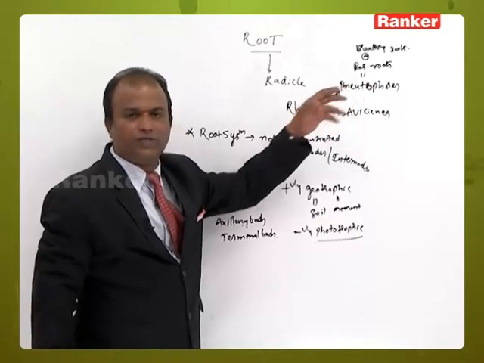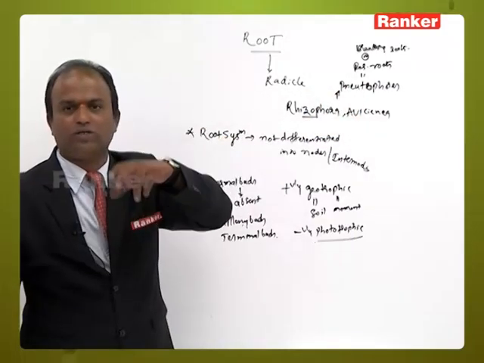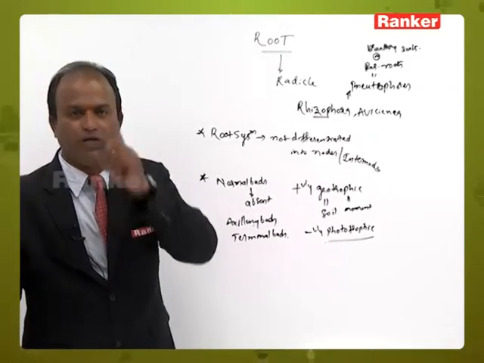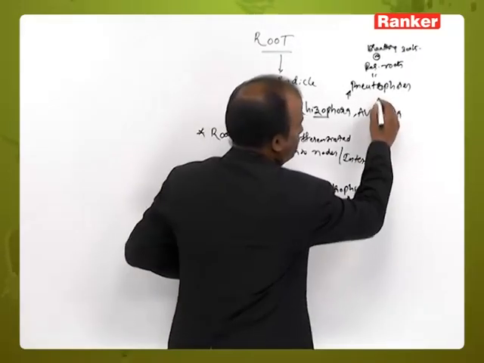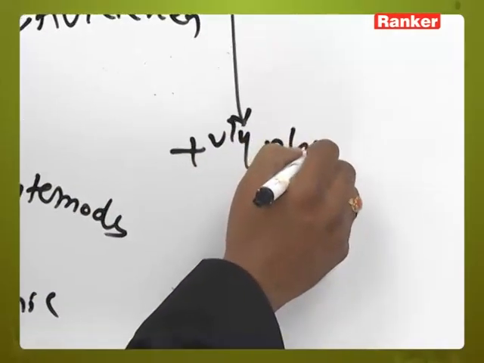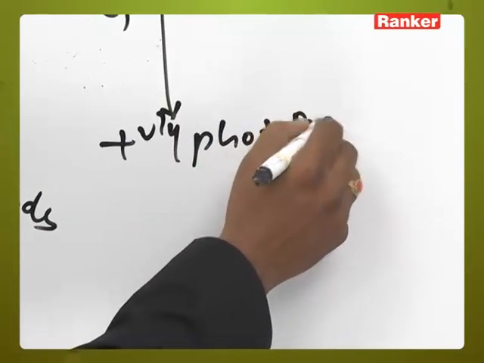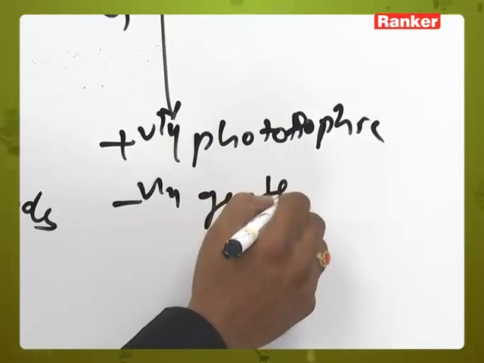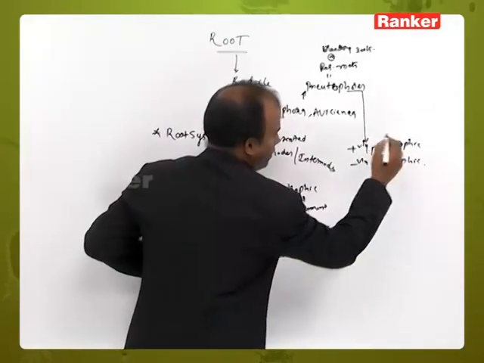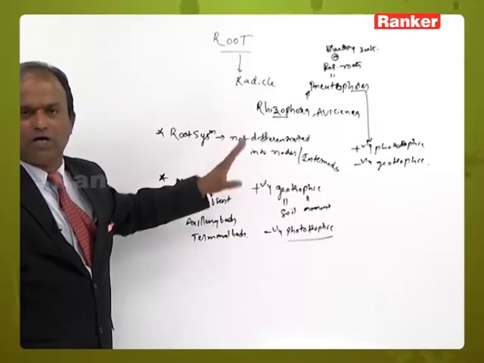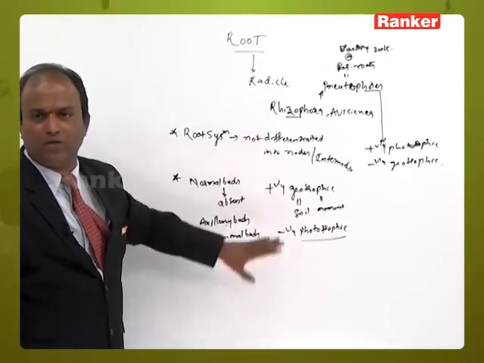These pneumatophores always grow positively phototropic and negatively geotropic. That means in all plants, roots do not always grow towards the soil.